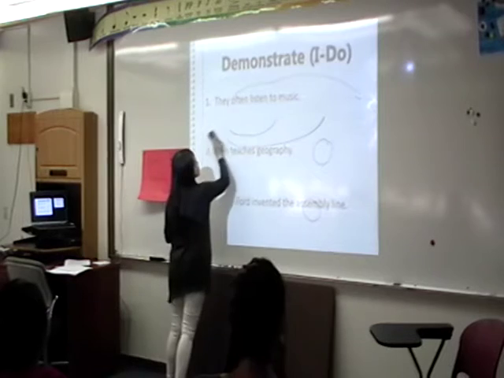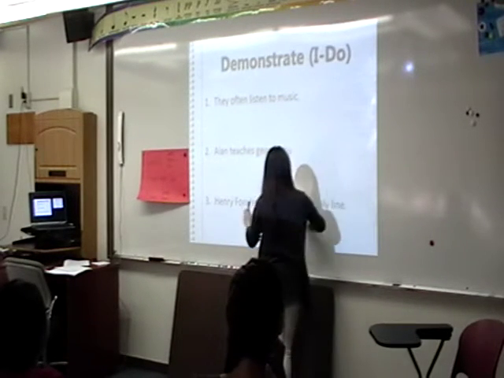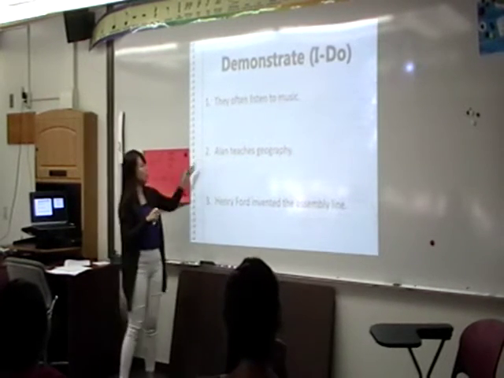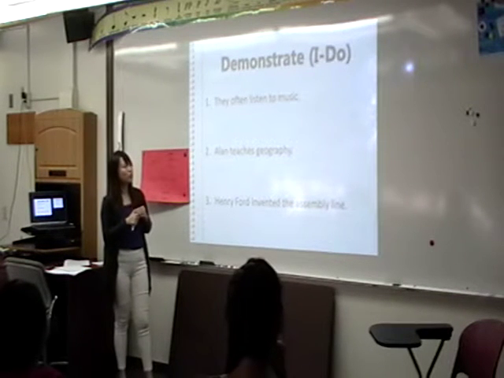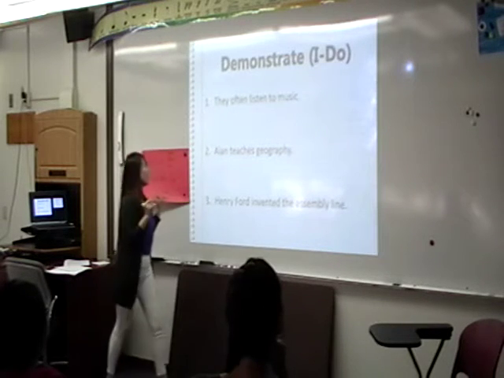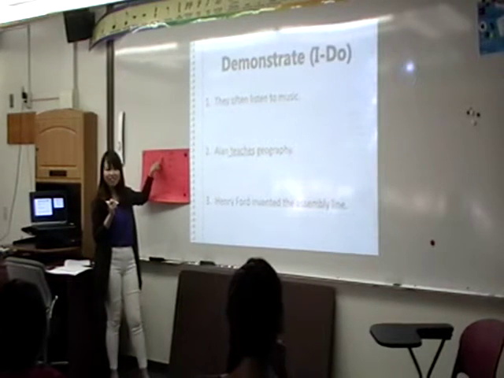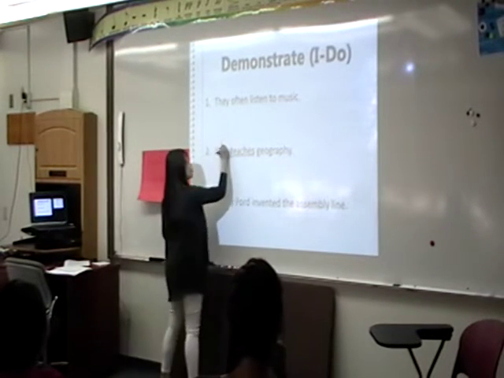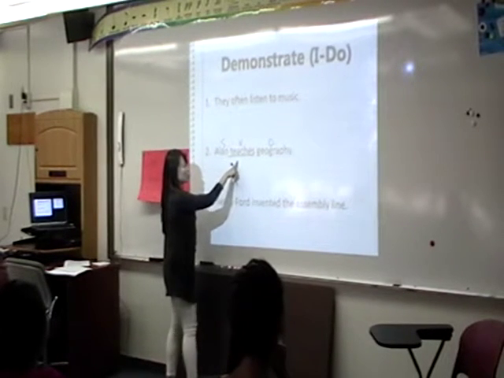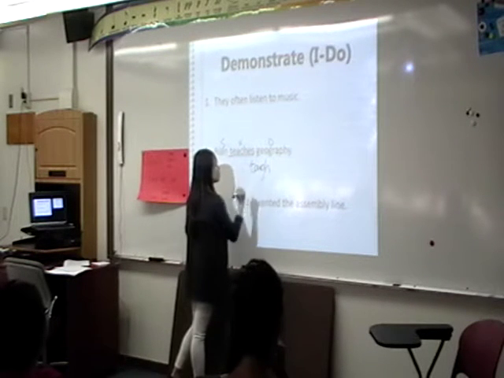So I have some sentences that I'm going to do all at once to help you understand. So, let's do the second one. Ellen teaches geography. First, I need to identify the verb. Very good, the verb and the subject and object. So this is the subject, object, and verb. And I need to change the verb to another form.